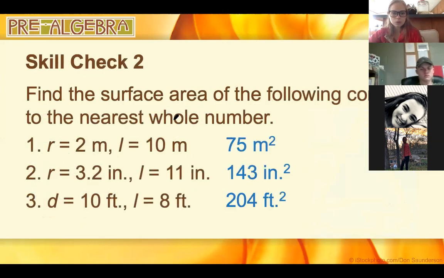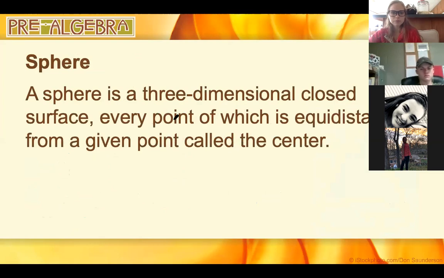All right, and then one last thing, we've got a sphere. Sphere is like a basketball, 3-dimensional surface. All of the points outside of that circle. So think about a basketball, holding a basketball in my hand.